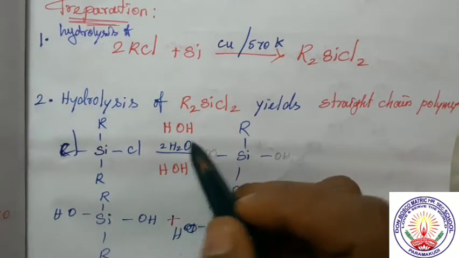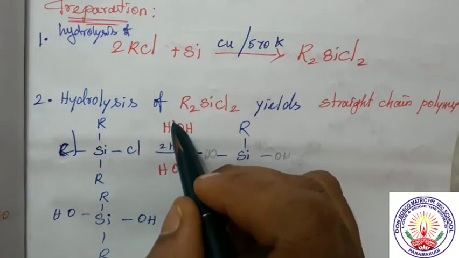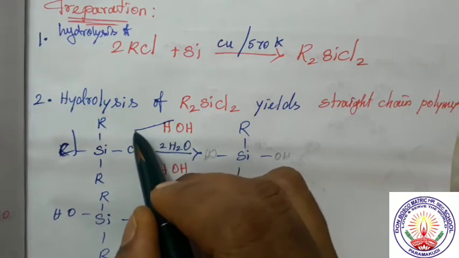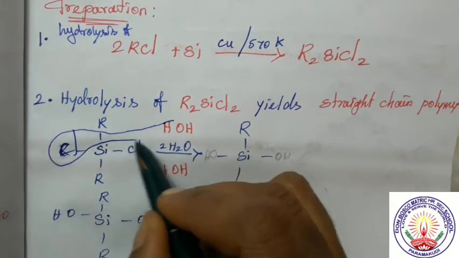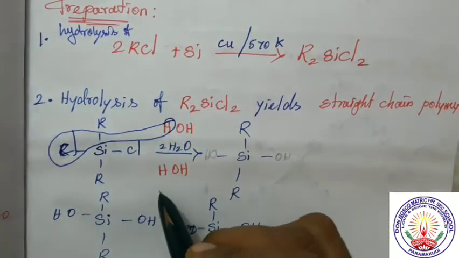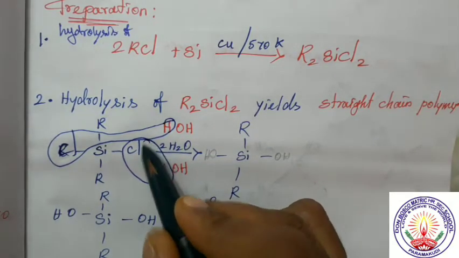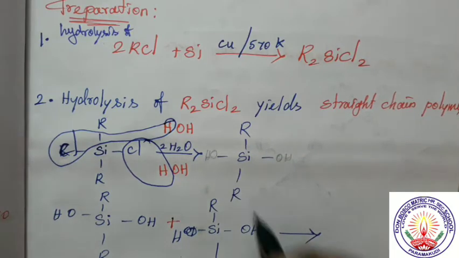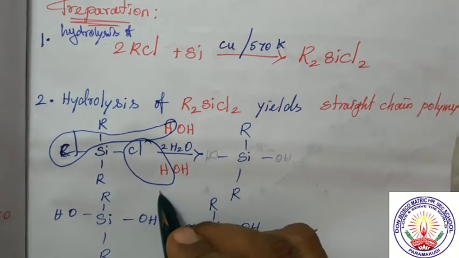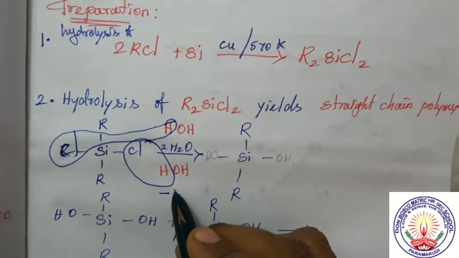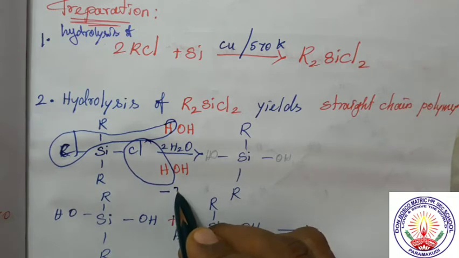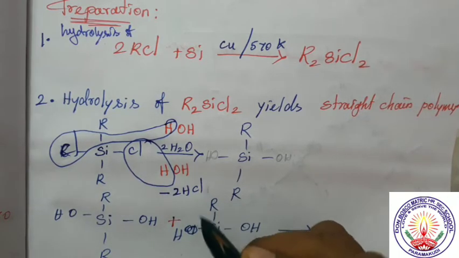So see there, this hydrogen and this Cl combine and this HCl is released. So therefore minus 2 HCl.